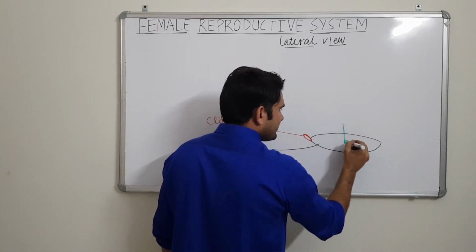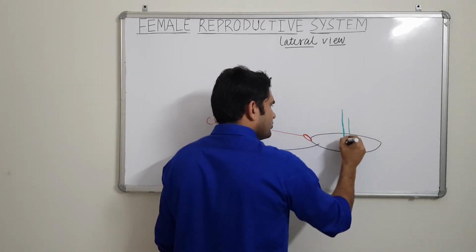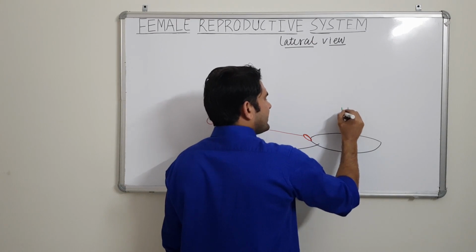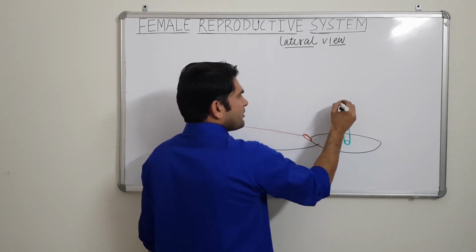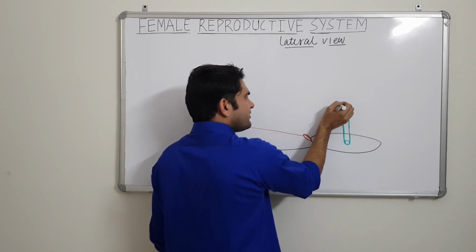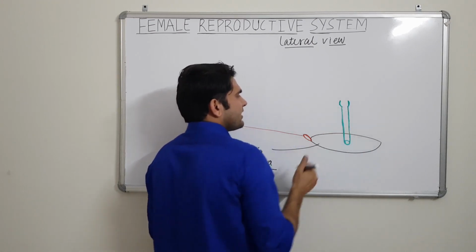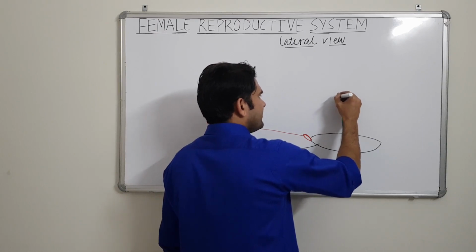This canal should be the vaginal canal. I told you it does not have any gland and is lined by non-keratinized stratified epithelium. Before opening into the cervix, this vaginal canal dilates something like this. So there is a dilation in the posterior part of the vaginal canal, and this structure here, let's say, is the cervix.